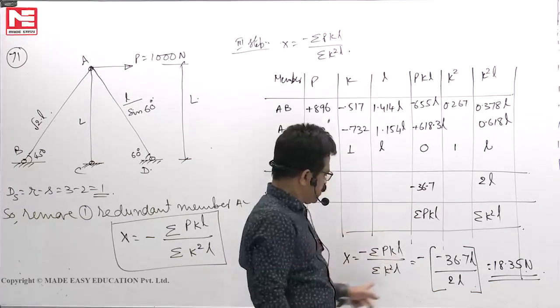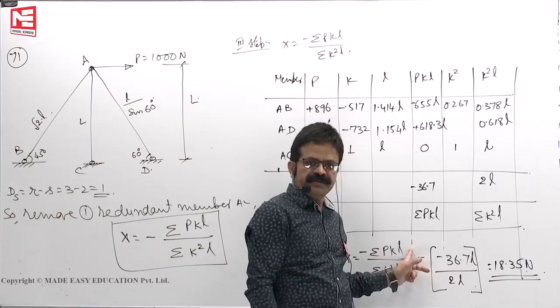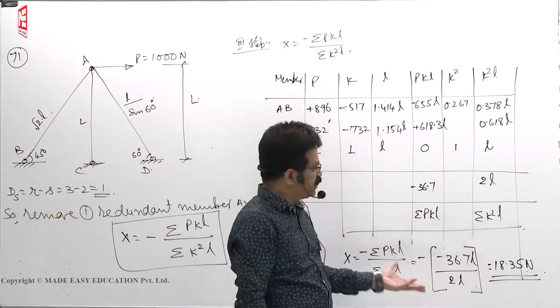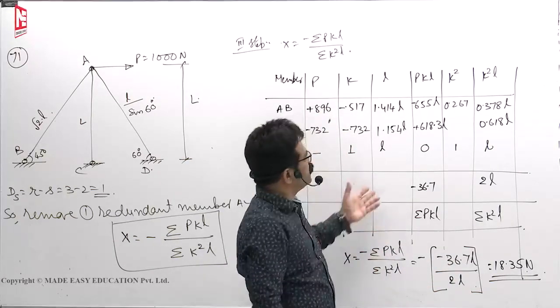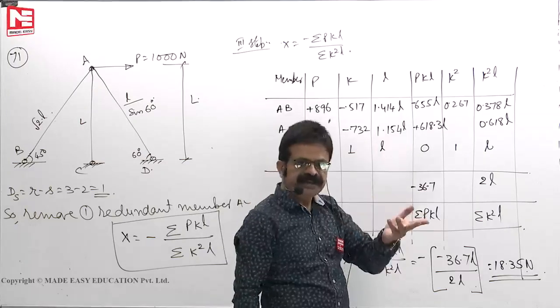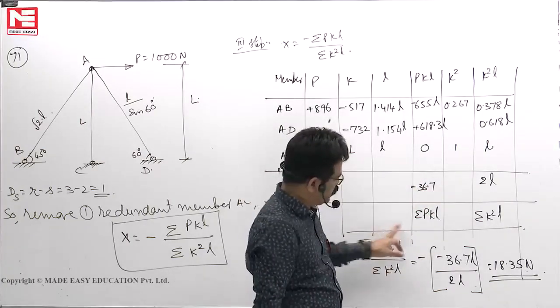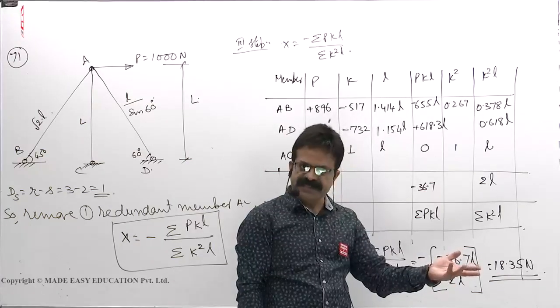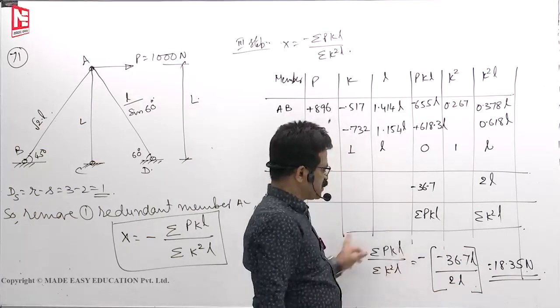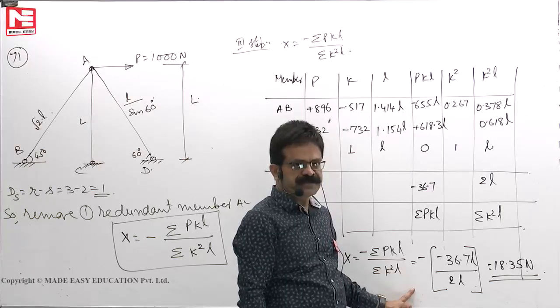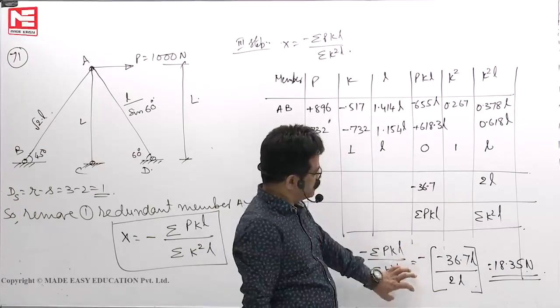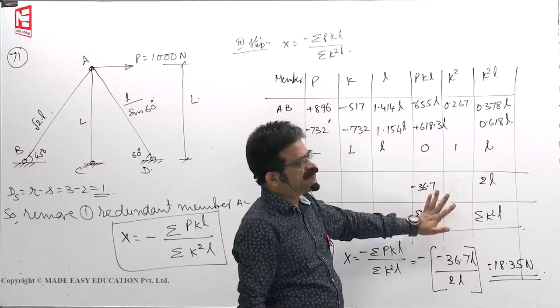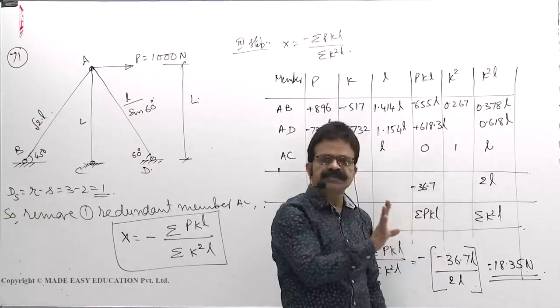Because this formula, how it has come, I didn't derive, because it is beyond the scope of 2 minutes time. But since the question is given, those who have completed my mains classes, there I have explained how this compatibility condition formula comes. Now you take it for granted that it is beyond the scope in the prelims.